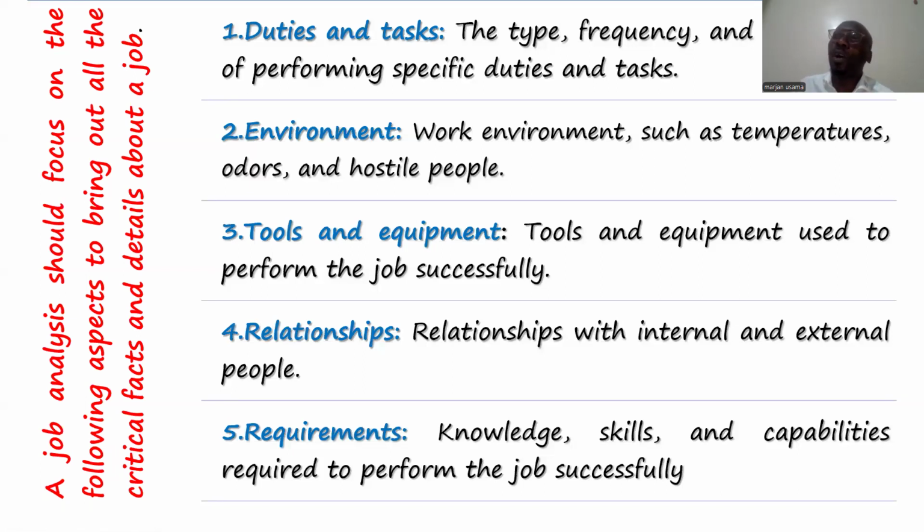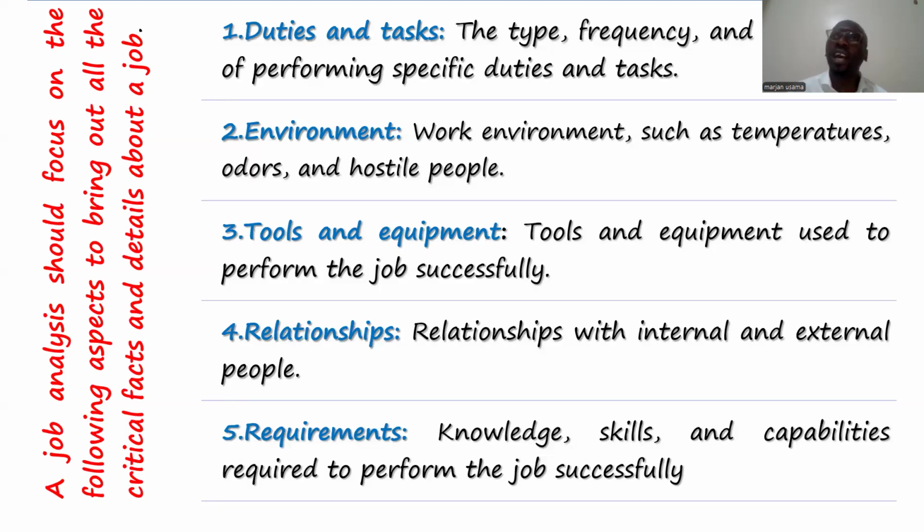When, for example, you are working in a school, how is the working environment? Is the environment toxic? Is the environment good? And so on. So work environment, such as the temperature, is it hot? That is why in some organizations, their offices have the AC, the air conditioner, because the environment is very important.